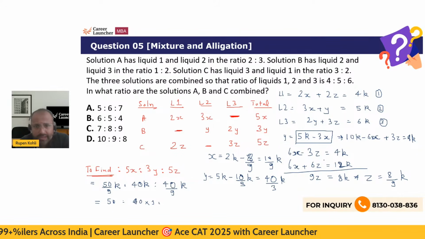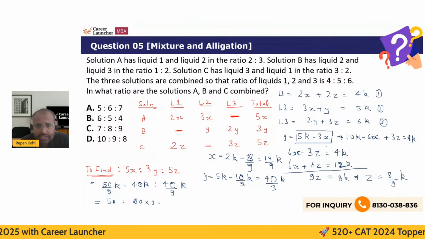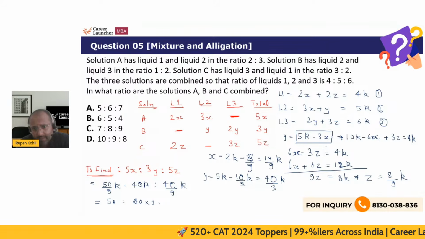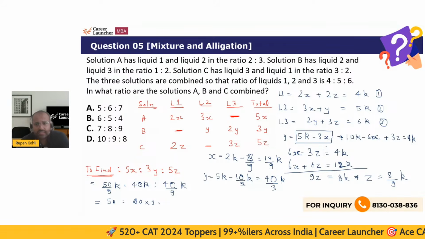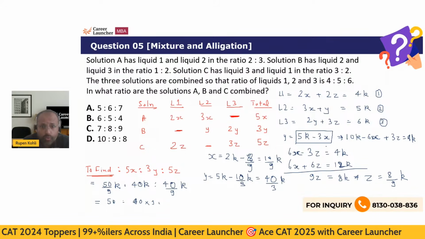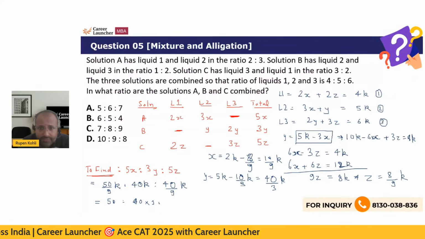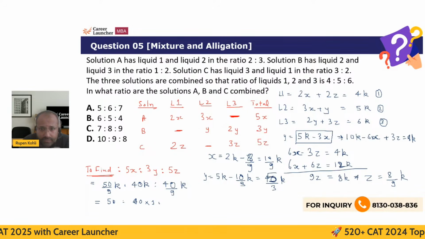Z is 8 by 9 of k, right? X is therefore from the first equation 2k minus z, which is 2k minus 8 by 9, 10 by 9, and then y is 5k minus 3x, which is 10 by 3k. Oh, so this is 15k minus 10. This is 5 by 3k. Y is 5 by 3k over here, isn't it? 15 minus 10, this is 5 by 3k.